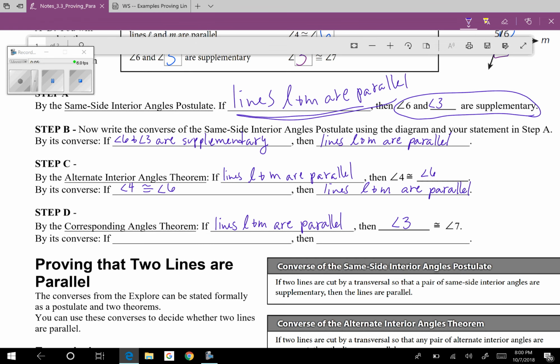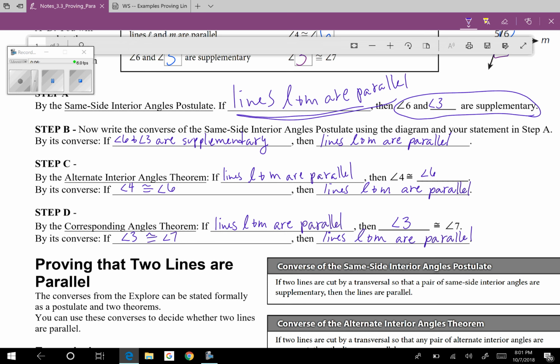Okay, now the converse. If angle 3 is congruent to angle 7, then lines L and M are parallel.